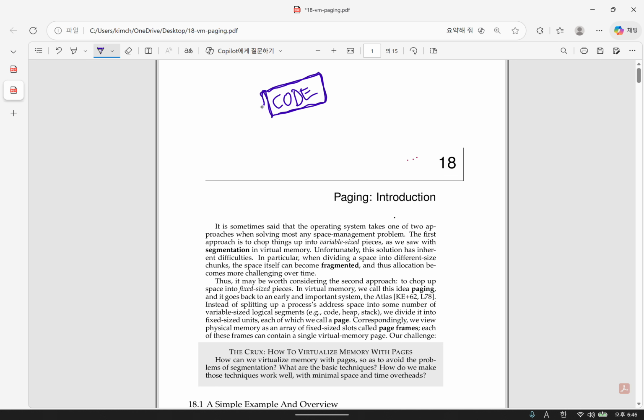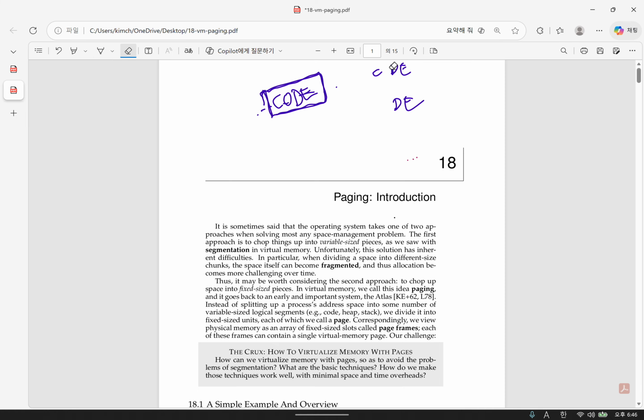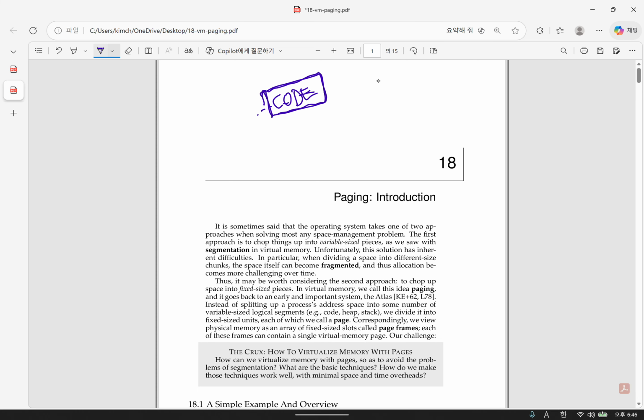Then we cannot divide this to map the virtual memory to physical memory separately. But they need to be intact.